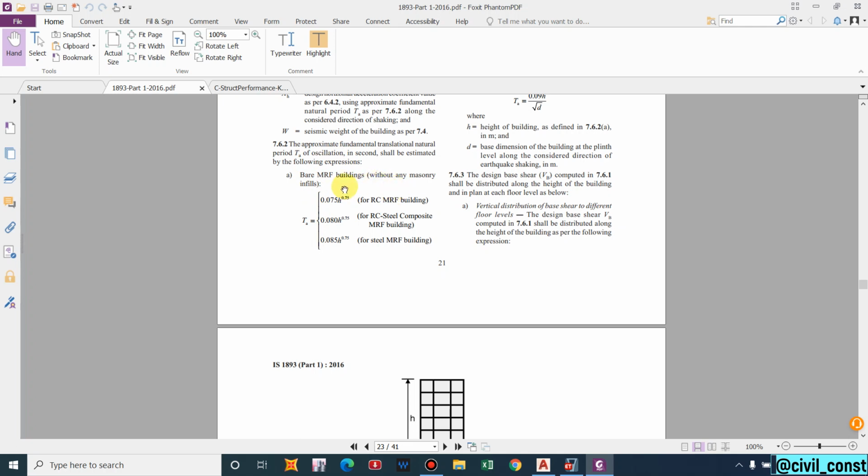For moment resisting frame buildings we have values, and for time period 0.075 h to the power 0.75, that is for RC MRF building, which is our case. It is simply a reinforced concrete moment resisting frame building. So time period is calculated as 0.075 h to the power 0.75.